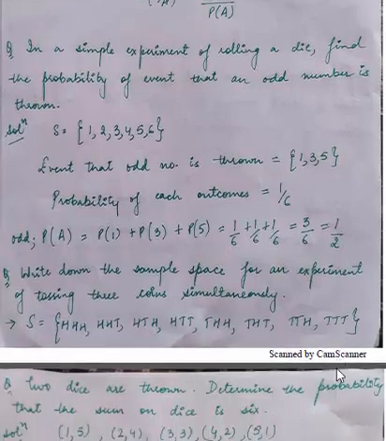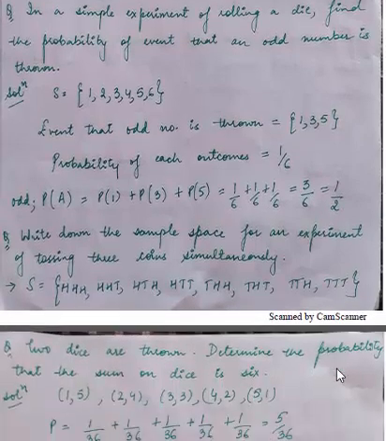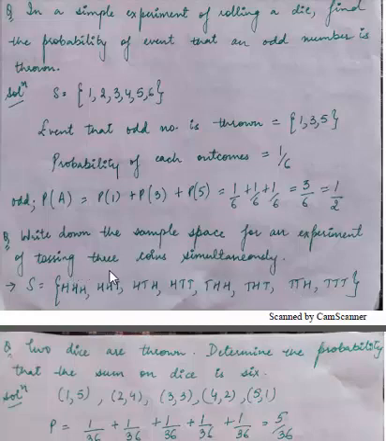The next question is, write down the sample space for an experiment of tossing 3 coins simultaneously. Tossing a coin means only 2 possibilities are there, that is head or tail.